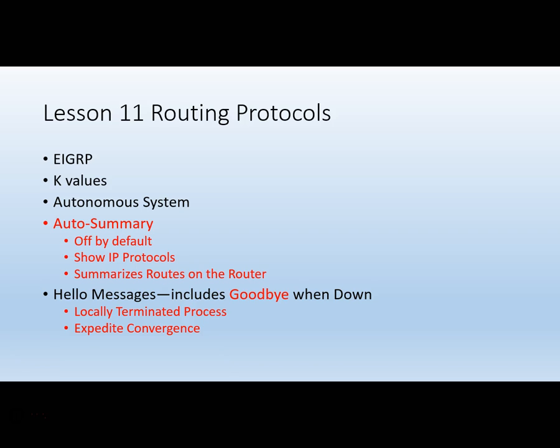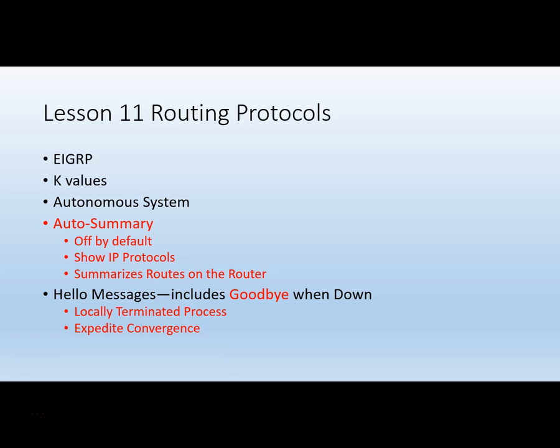We have hello messages that check to be sure that the neighbors are still there. If they fail, we go through a hold time, and if the hold time expires, it presumes that the router on that interface is down. Hello messages also include goodbyes, and a goodbye is used when we down an interface or a network.